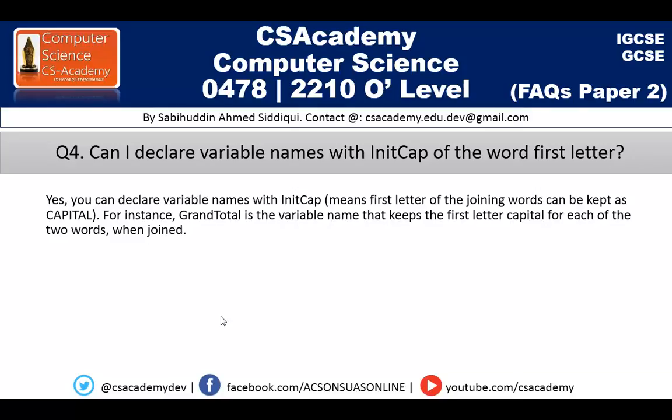InitCap means the first letter of each joining word can be kept as capital. For instance, if the variable is grand total, you can see the first letter of grand is set to capital, and then the first letter of total is also set to capital. This name keeps the first letter capital for each of the two words when joined. Remember that.